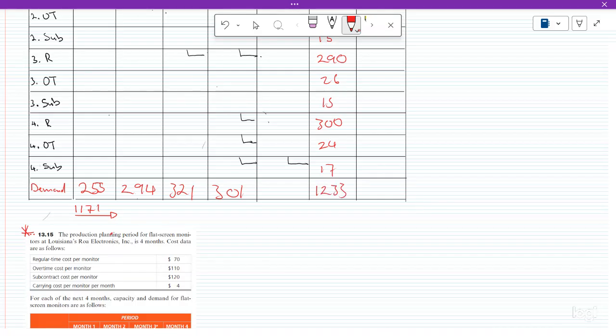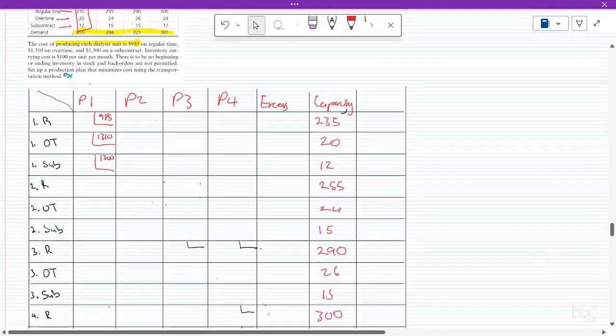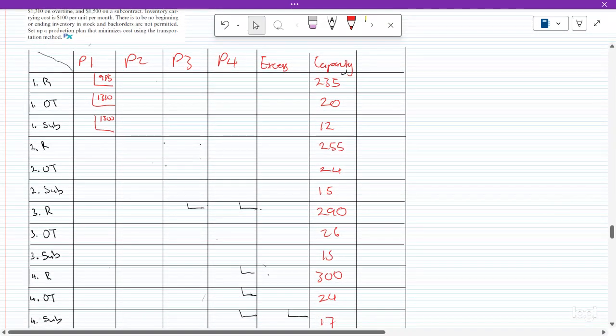So we are having an imbalance again. 171, and we're needing 62 here to balance this. So we need to also prove that we are on the right track.